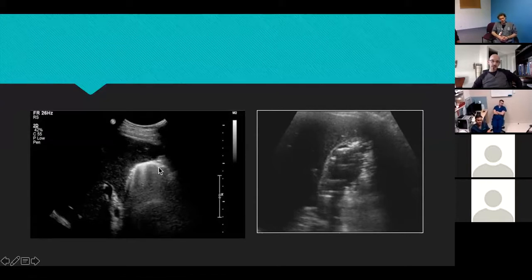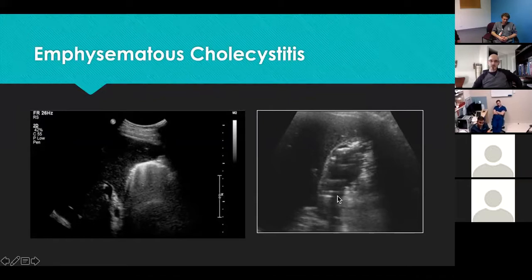I think the giveaway is that reverberation artifact looking sort of shadow, as in a dirty shadow, which is more in line with gas rather than a stone or any other classification. It usually happens with gas. And this is a bit more obvious with all of those air fluid levels in an emphysematous cholecystitis.